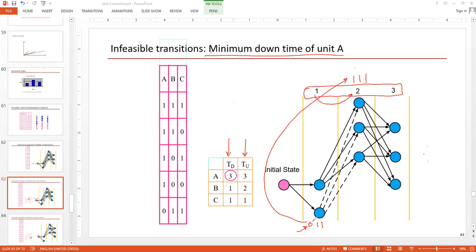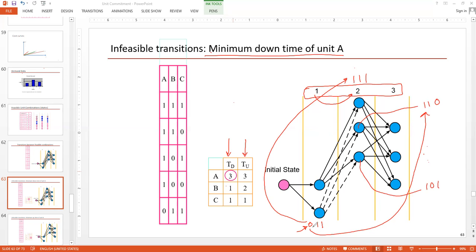Let's check this one. It is 011, and this one is 110. Again, I have a transition from 0 to 1 for unit A, so I cannot do that within 1 hour. So this is another infeasible transition from hour 1 to hour 2. Next one, from here to here, 101.